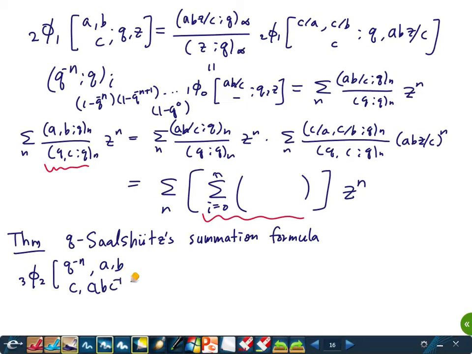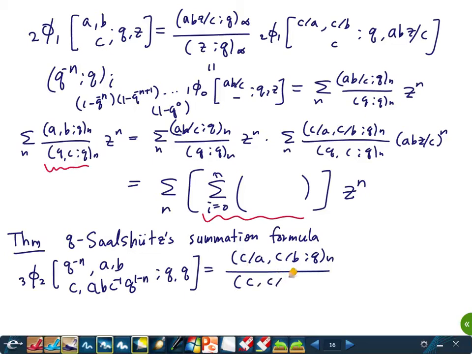(a, b, c^{-1}q^{1-n}; q, q) equals (c over a, c over b; ...). Here you can remember this as follows. Here must be q, q. They look complicated, but what is the product of these two?